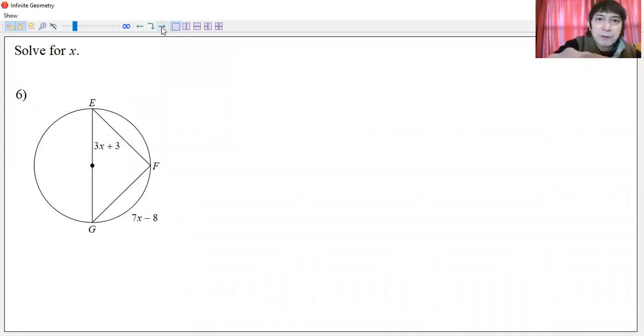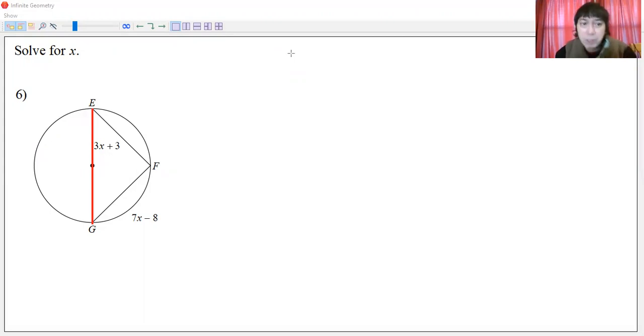We have another diameter over here. That means we have another half circle. We can make use of 180. Also, we can make use of, all right, the 3x plus 3, that's the inscribed angle, okay?